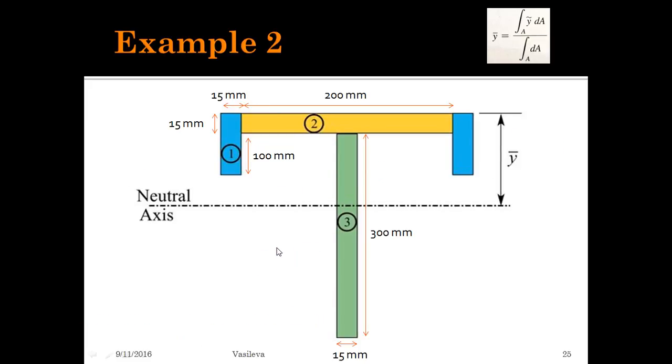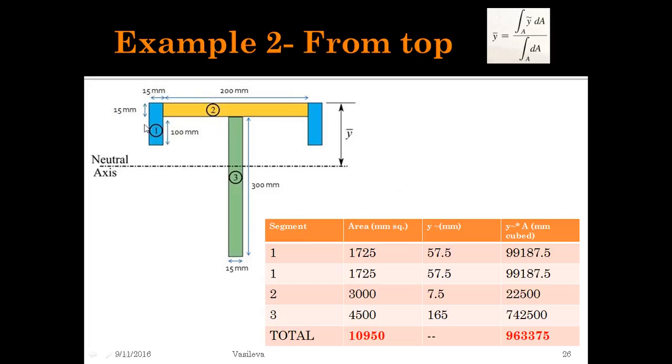Alright, so here's another example very similar to the first one. We know that it's symmetrical in the x direction, so the center of gravity in x would fall along this line, but it's not symmetrical in the y direction, so we have to find how far down or up the center of gravity is in the y direction. So once again, we separate it into 3 different bodies.